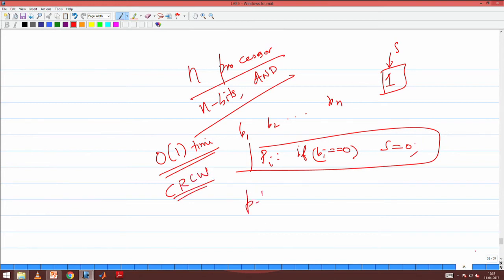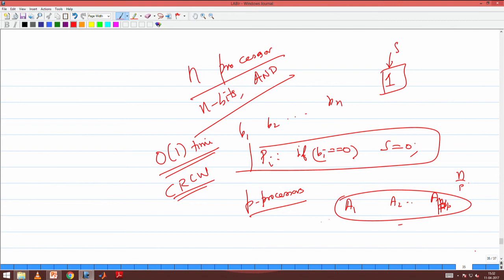Suppose I am given P processors, how will I do this? I will split it into n by P blocks. Each processor will find the AND of its n by P bits in n by P time, giving A1, A2 to AP.